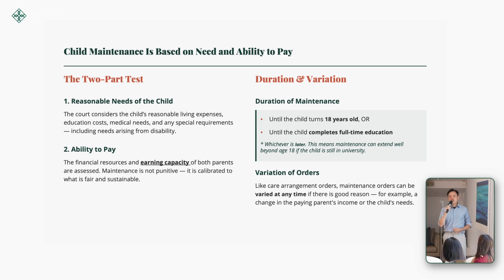And these financial resources expand to third-party support, which is also very common in Hong Kong. You might have grandparents supporting the grandchild. Now, in that case, the courts are prepared to make orders against the parents, taking into account the support from their own parents. All right, so let's give an example.